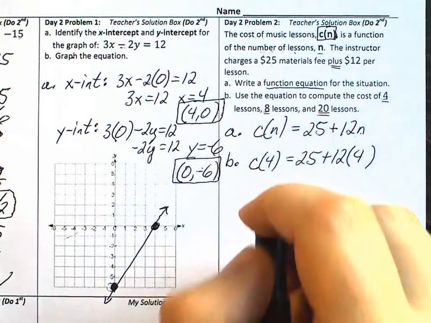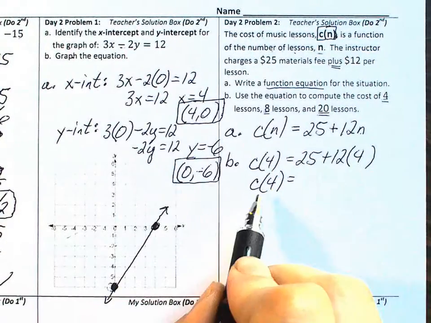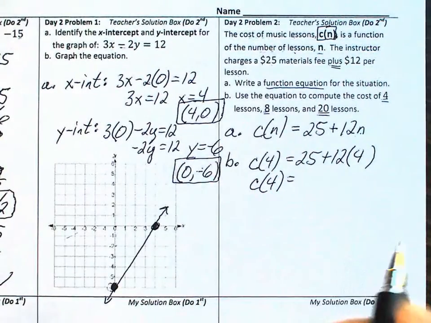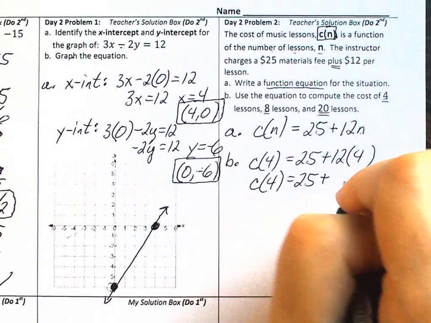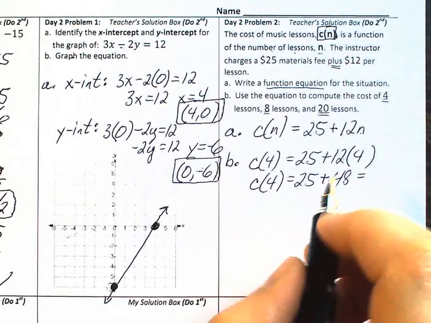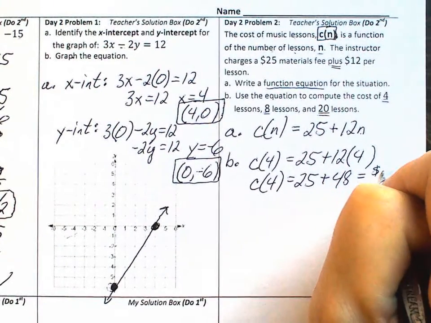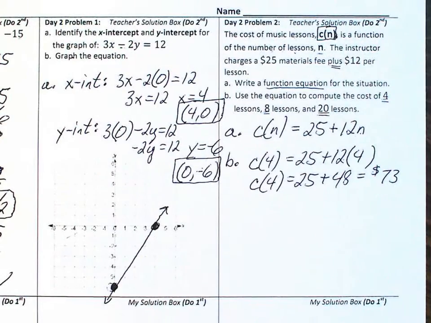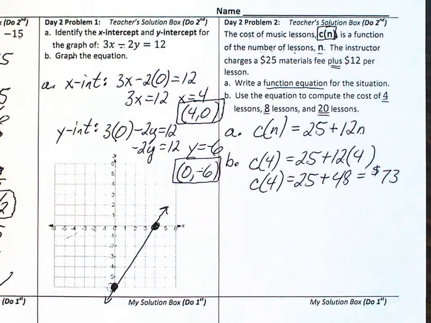What does this make? C of 4 equals, right, the cost of 4 lessons equals 25 plus 12 times 4 is 48, and 25 plus 48 is $73. So we figured out that the cost of 4 lessons equals $73.